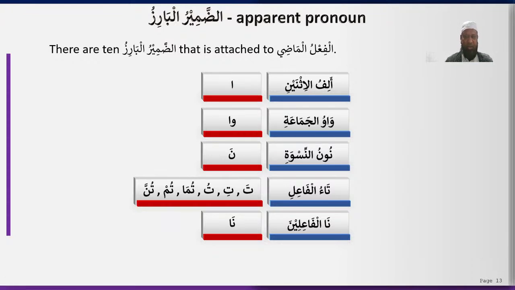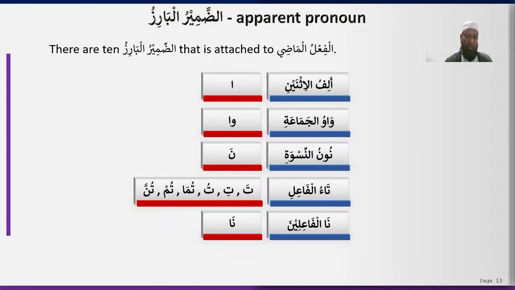Na al-fa'ilin. So we will take one fi'l, for example, fa'ala. We add all these damirs to make different forms to give us the dual meaning, the plural meaning, plural of jama mudhakkar, plural of jama muannas.